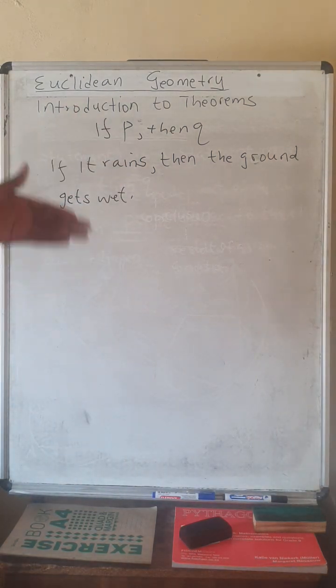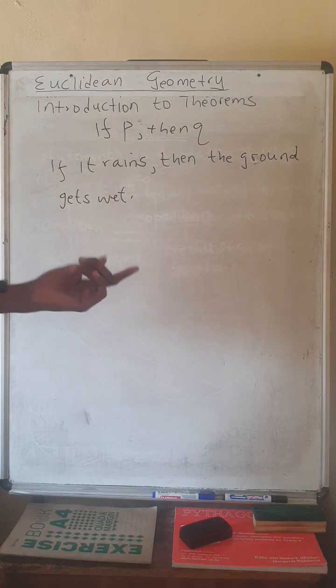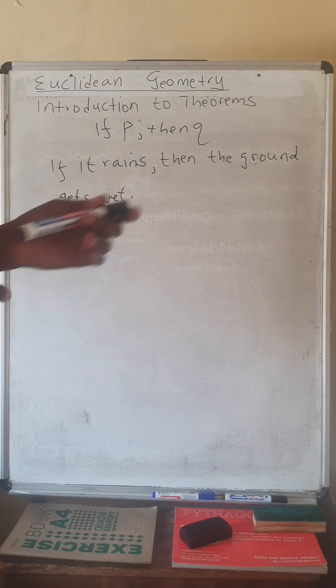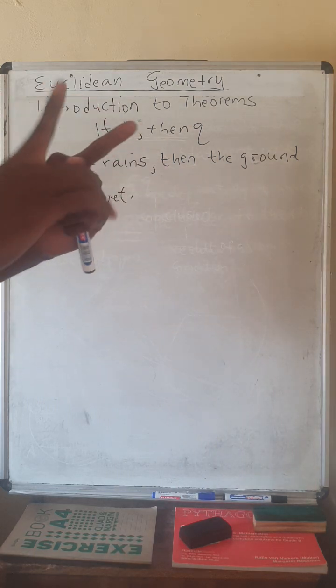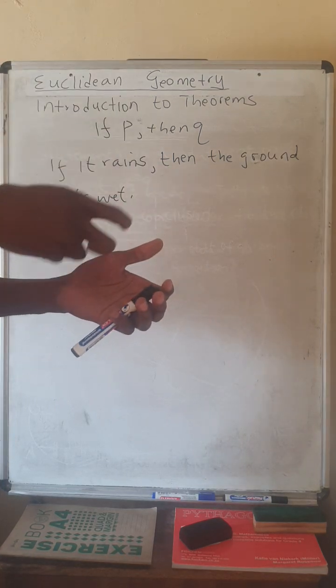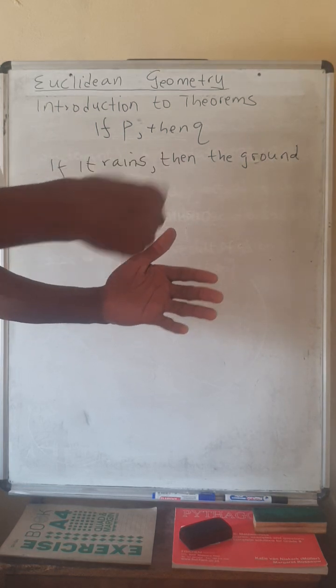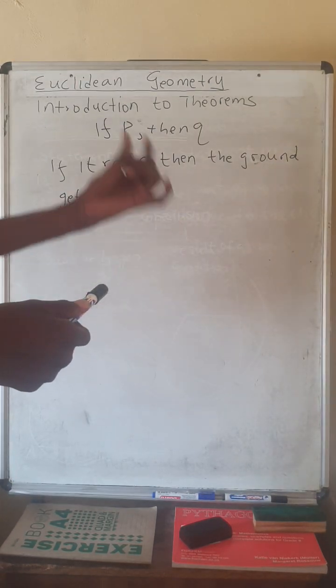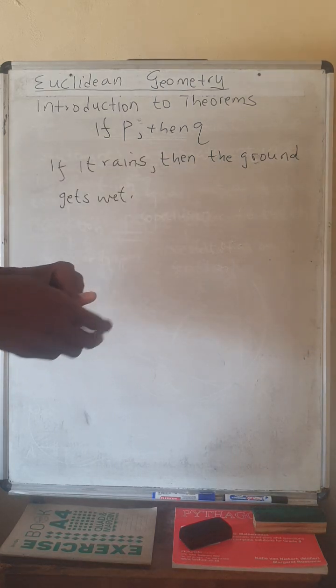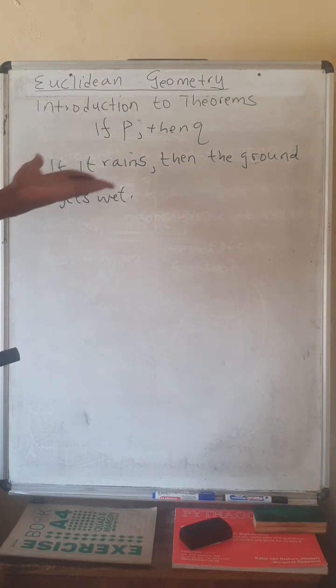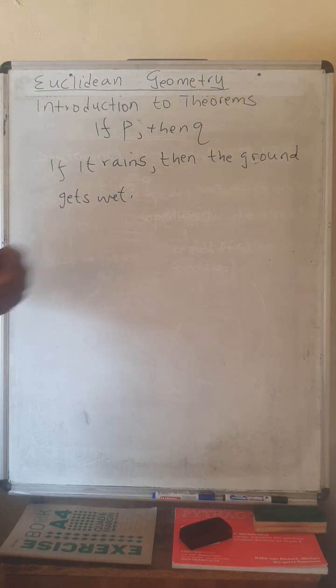You can see this statement consists of what? Of the condition and a conclusion. And remember, I told you we can only have a conclusion if and only if there is a condition. A condition must be met first. If the condition is met, we know it must always be followed by what? By a conclusion. So for every condition, there must be a conclusion. So this one tells us that if it rains, then the ground gets wet.